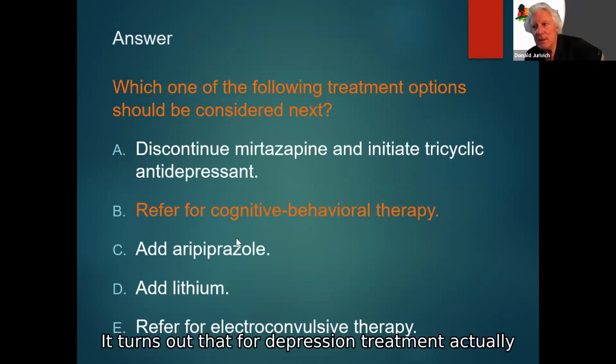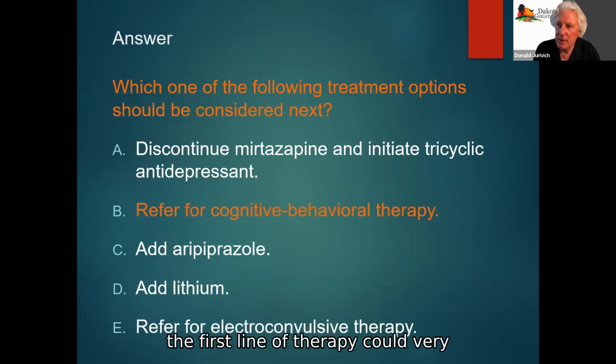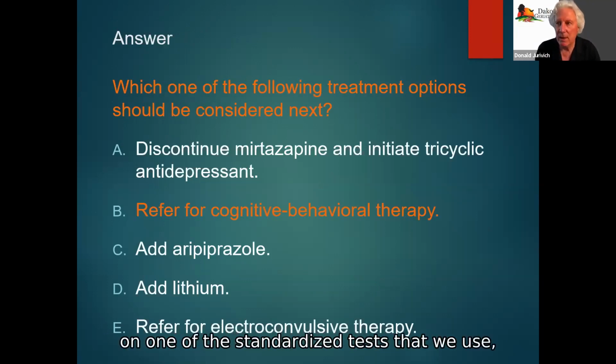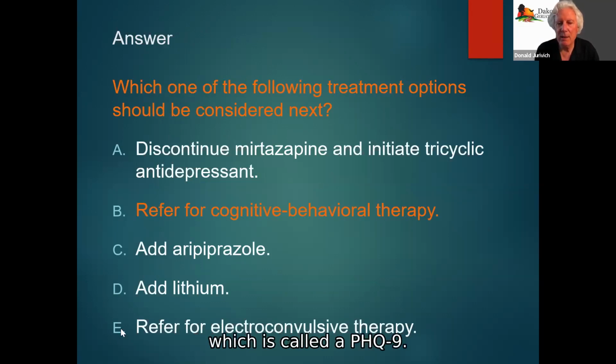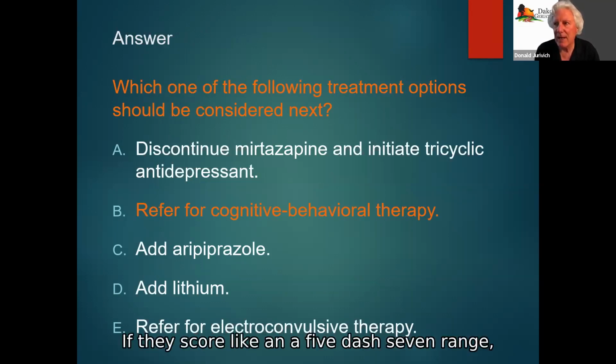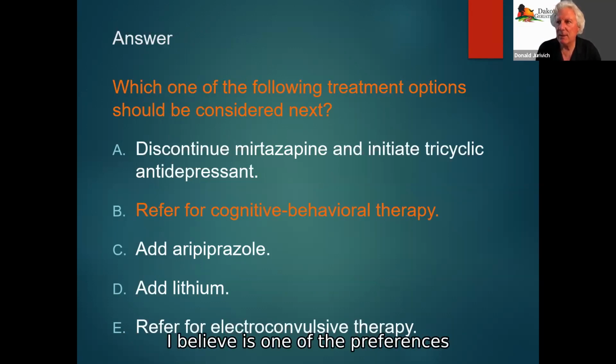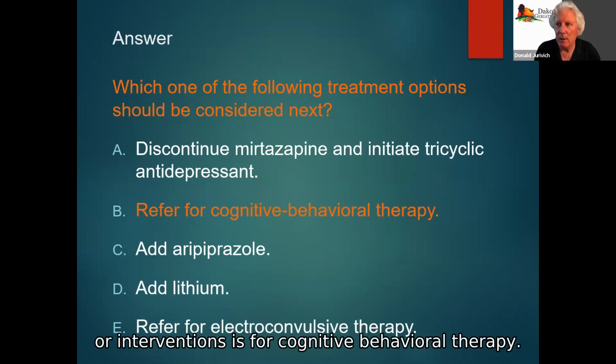So B would be the most correct answer. It turns out that for depression treatment, actually the first line of therapy could very well be cognitive behavioral therapy, depending upon how they score on one of the standardized tests that we use, which is called the PHQ-9. And so if they score in the 5 to 7 range, I believe one of the preferred interventions is cognitive behavioral therapy.